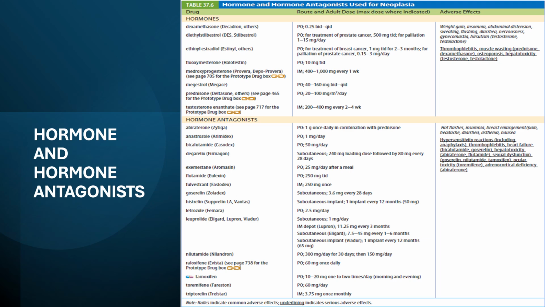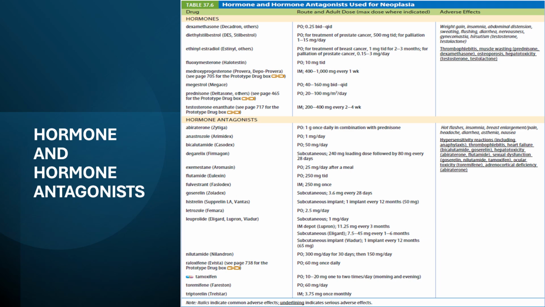The estrogen antagonist class also includes anastrozole, letrozole, and exemestane, which are called aromatase inhibitors. These antiestrogens block the enzyme aromatase, which normally converts adrenal androgen to estradiol.